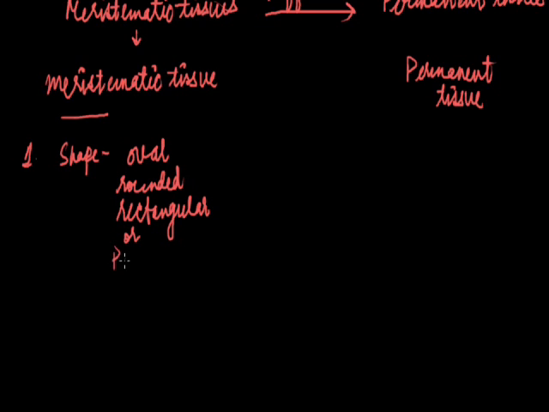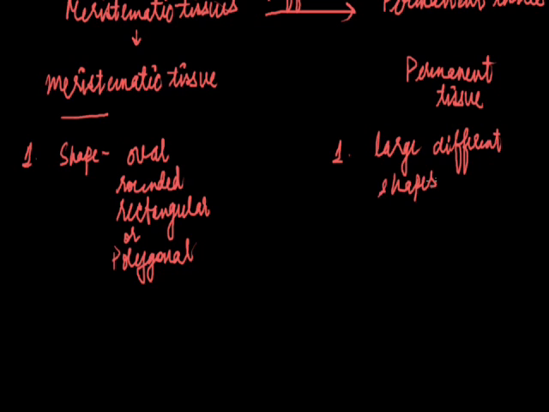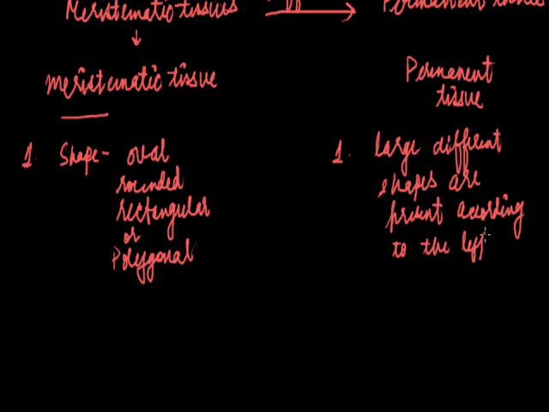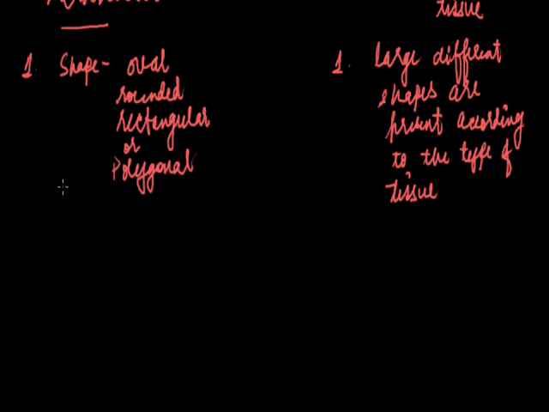But in the case of permanent tissue, large different shapes are present according to the type of tissue. So the first difference was about the shape. The shape of meristematic tissue can be oval, rounded, rectangular or polygonal, but in case of permanent tissue the shape differs according to the function.